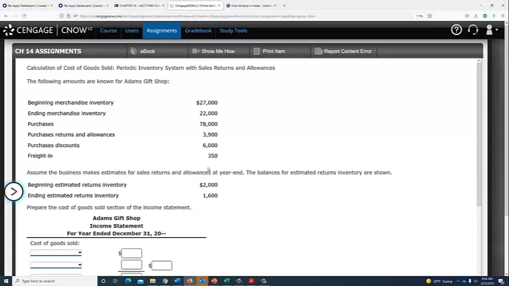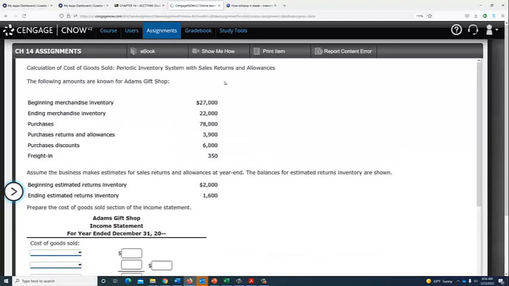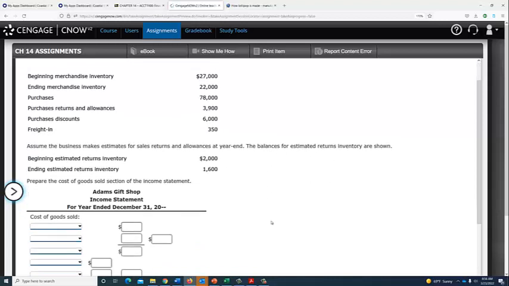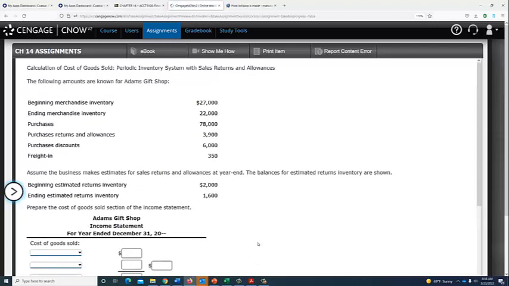So that's the small change that we have here to our cost of goods sold calculation. Okay, so we're given all our figures, and then the beginning and ending figures for the estimated returns inventory and the regular inventory. Okay, so with cost of goods sold, we always start out with beginning inventory.